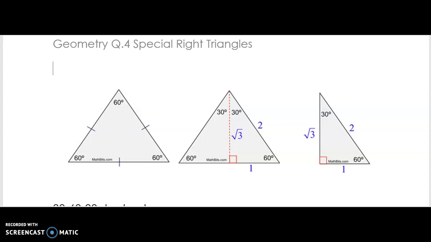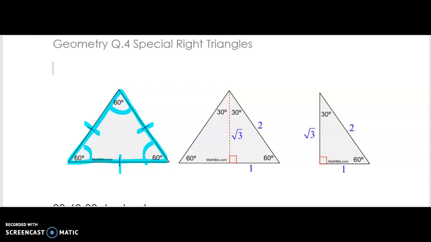All right, so a 30-60-90 triangle. A 30-60-90 triangle comes from an equilateral triangle. All sides are the same, so all angles are the same, and to add up to 180, 180 divided by 3 is 60, so all angles are 60 degrees.